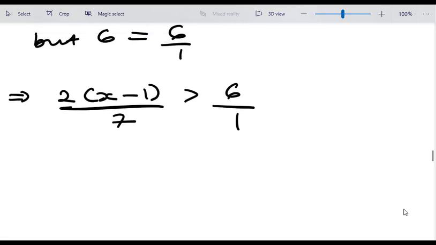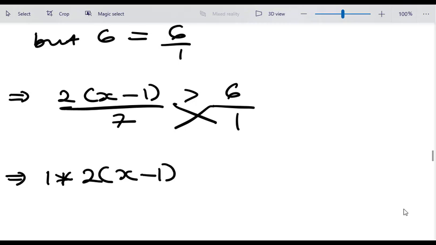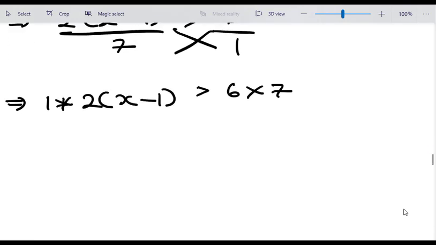So when we cross multiply here, this sign makes us cross multiply. Like I said, you have to pretend as if you are dealing with a linear equation. And 7 will multiply our 6.